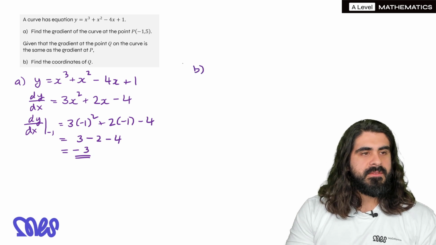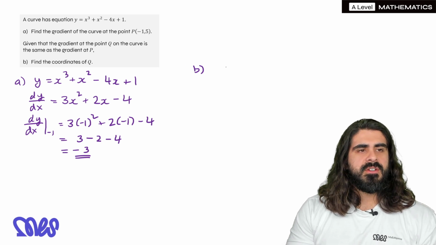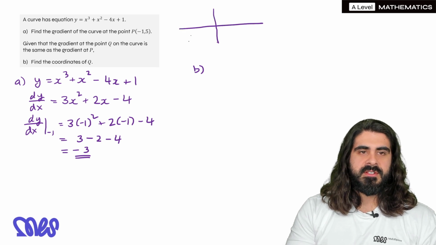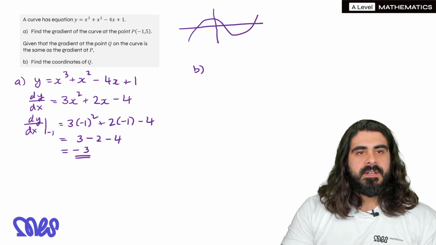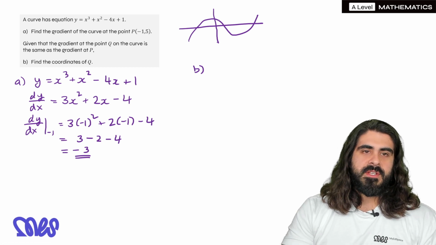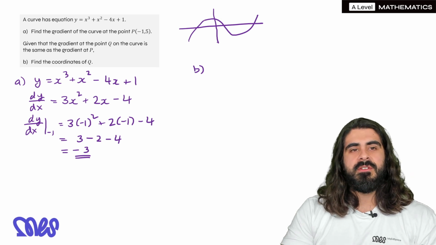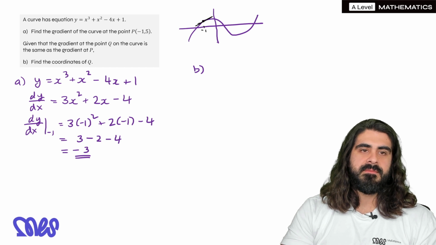Part B. Given that the gradient at the point Q on the curve is the same as the gradient at P, find the coordinates of Q. Okay, so essentially what's happening here is, just for your context, say we just have this cubic. Say you have minus 1 over here, and you have some gradient.